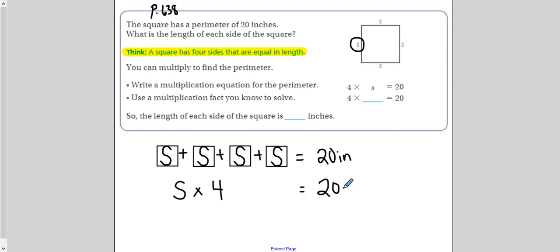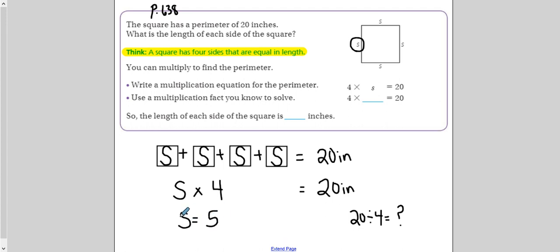So what number times 4 gives me 20? Or in other words, 20 divided by 4 gives me what? And of course, that value is 5. So s is equal to 5.